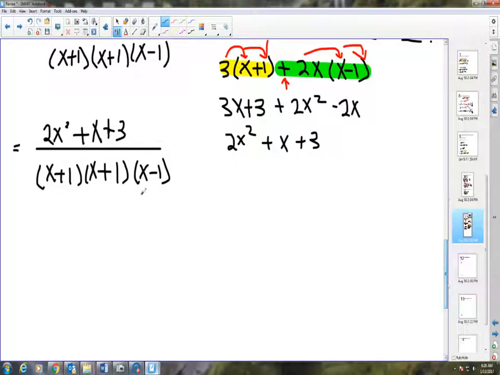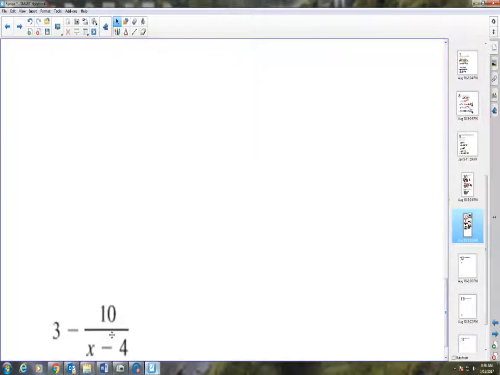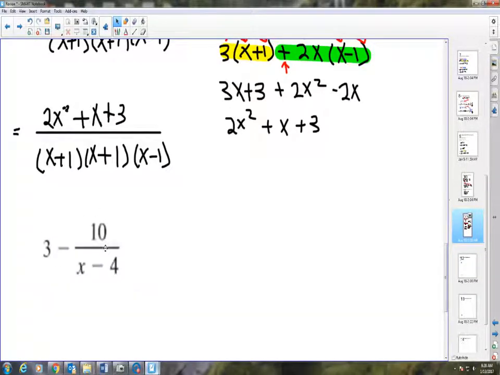I want to show you an example of subtraction, but this one looks a little bit different. Okay, let me show y'all something real cool. Before I show you how to do this problem, I want to show you this concept, something you learned a long time ago, a mixed number. For example, if I have 2 and 3/4, a mixed number is basically a whole number plus a fraction.